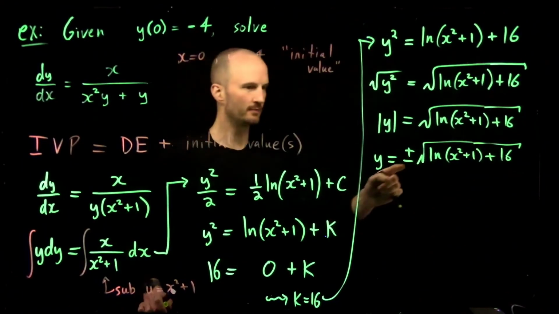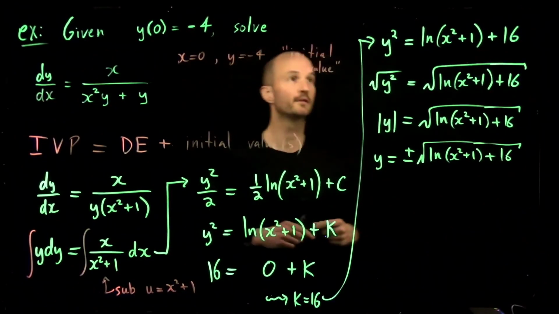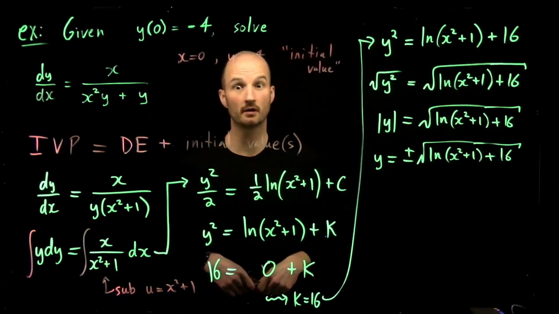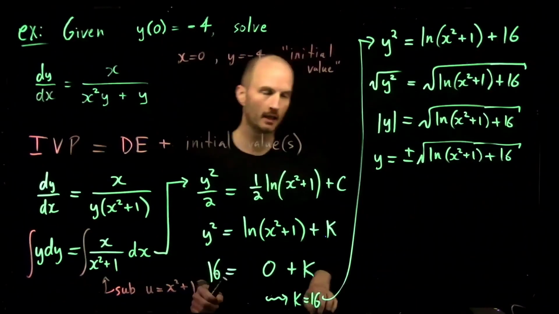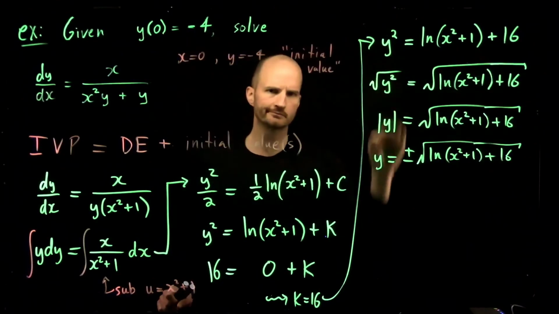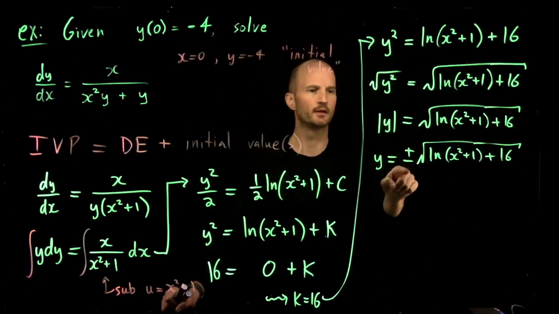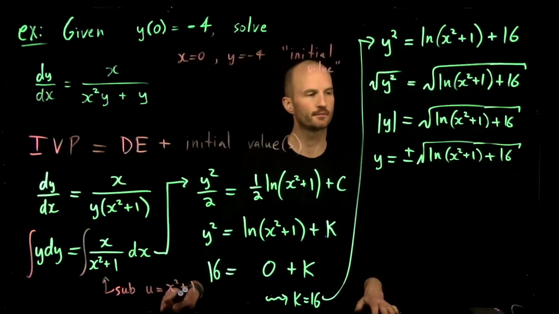So we end up with this plus or minus here. Most of you probably knew that when you have something squared equals something and you solve, you should put a plus or minus here. But you may not have seen all these reasons why the plus or minus appears.